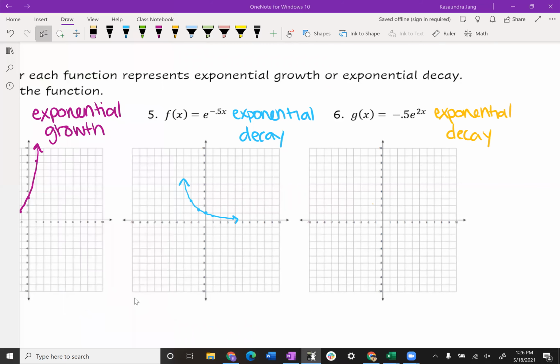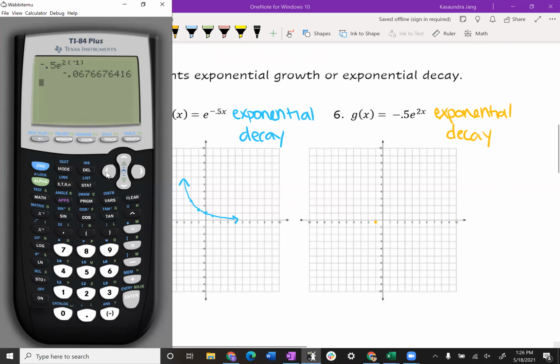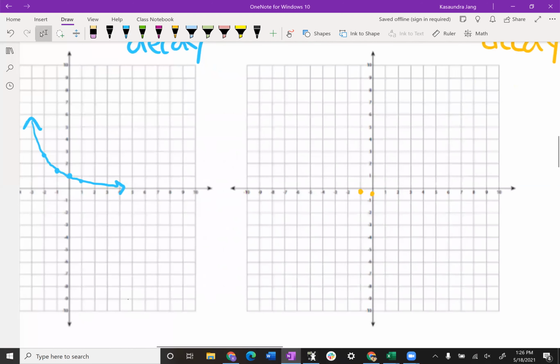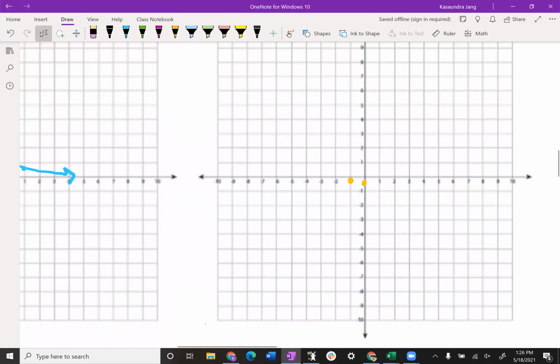When I plugged in negative 1, here's my negative 1 for x. Got a little below 0, barely at all. Okay. And then I'm going to plug in maybe like a 0. Everything else is the same, just the x value that I'm plugging in is a little different. Change that negative 1 to a 0. Okay, so that gave me a negative 0.5, so it's still pretty tiny. So let's see, I have 0.5, it's like between my 0 and negative 1, I should say.